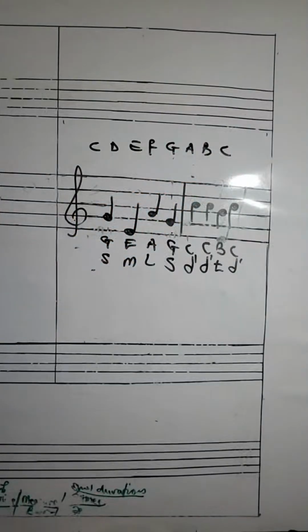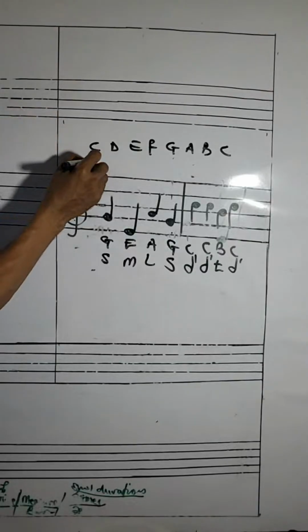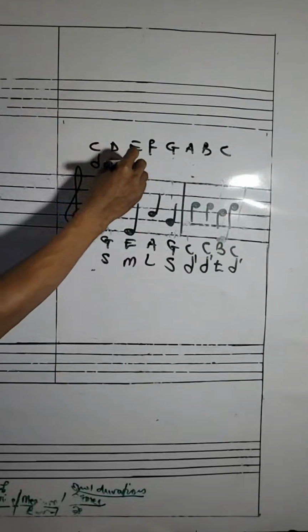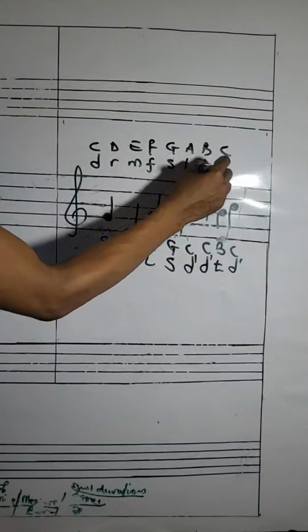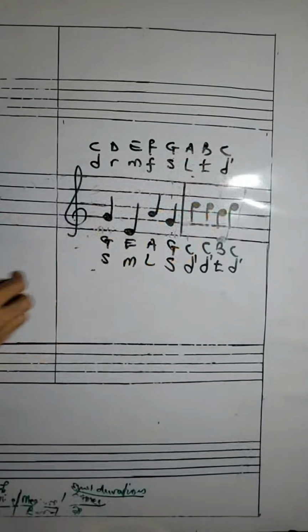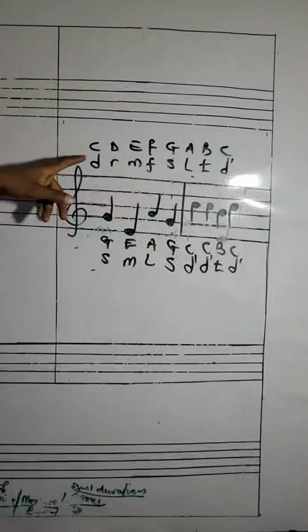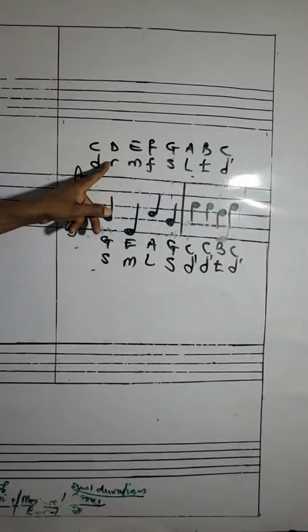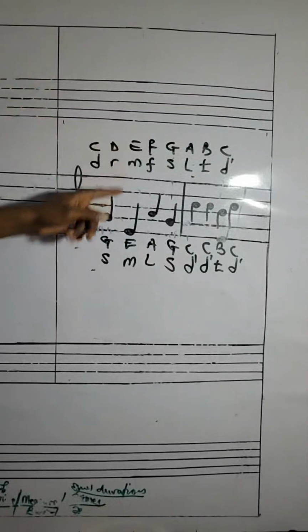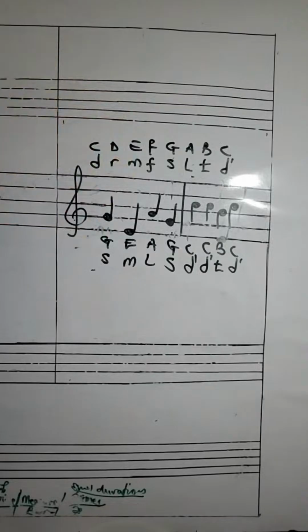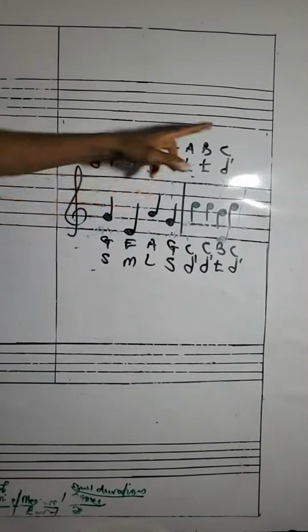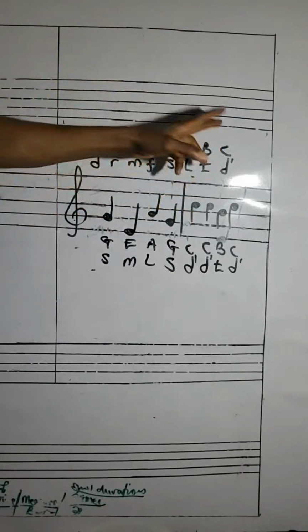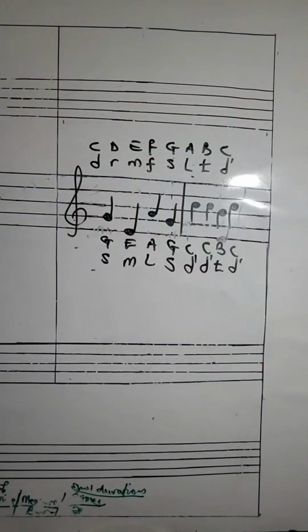When I'm done with that, I'll come under the C and I'll place my do, re, mi, fa, sol, la, ti, do. So I already know that my C is my do, my D is re, E is my mi, F is my fa, G is my sol, A is my la, B is my ti, and then the other C is my high octave.